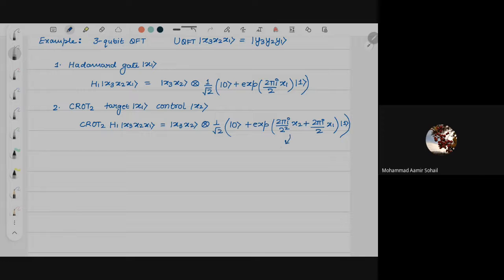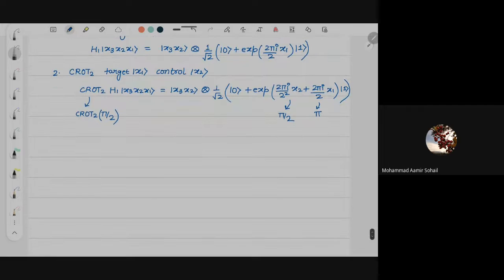So this is nothing but pi by 4, and this one is nothing but pi. So basically the control rotation here is CR2 pi by 4. Oh, sorry, this one is not pi by 4, this one is pi by 2. So pi by 2 is what we are applying here.